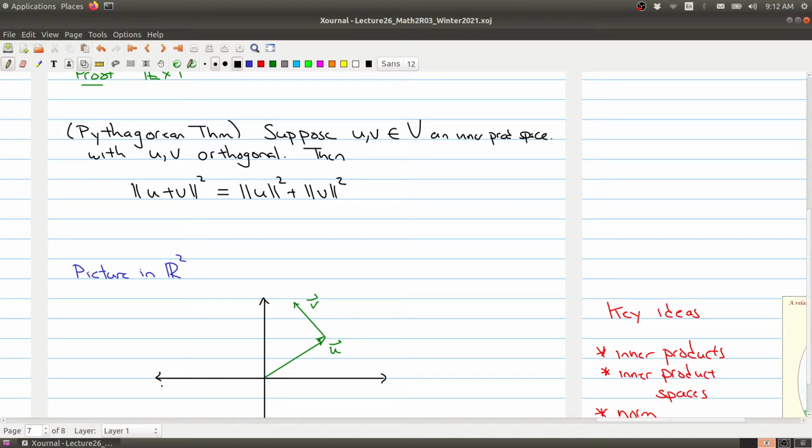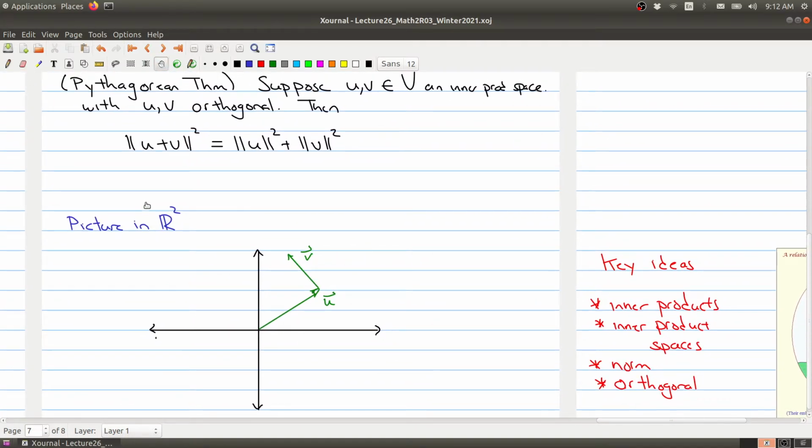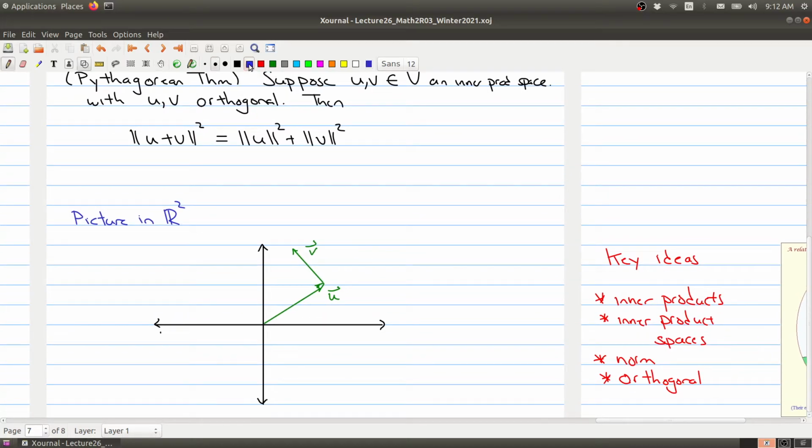So this is not a way that you're used to thinking of the Pythagorean theorem, right? Because Pythagoras had nothing to do with norms, and he didn't talk about vector spaces or anything like that. The point is, when you reduce everything to the special case of R2, and our inner product is the regular dot product, so this is equal to u1 v1 plus u2 v2, it does give us back the Pythagorean theorem that you're used to.